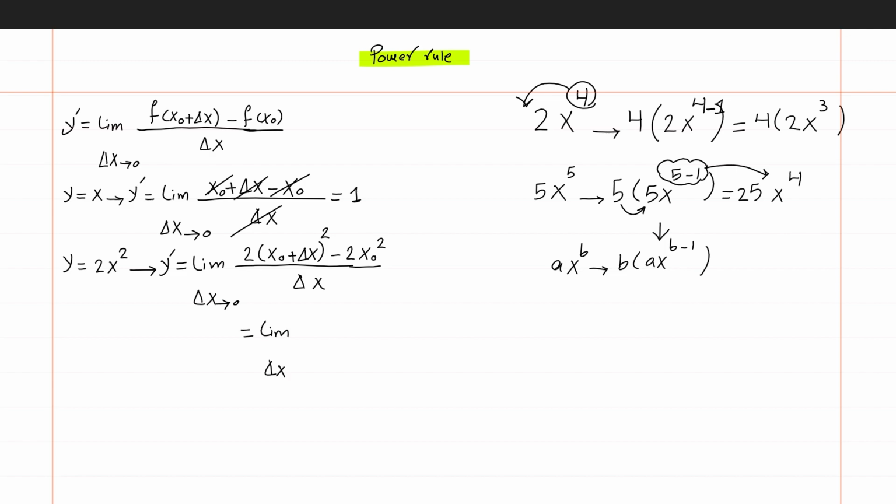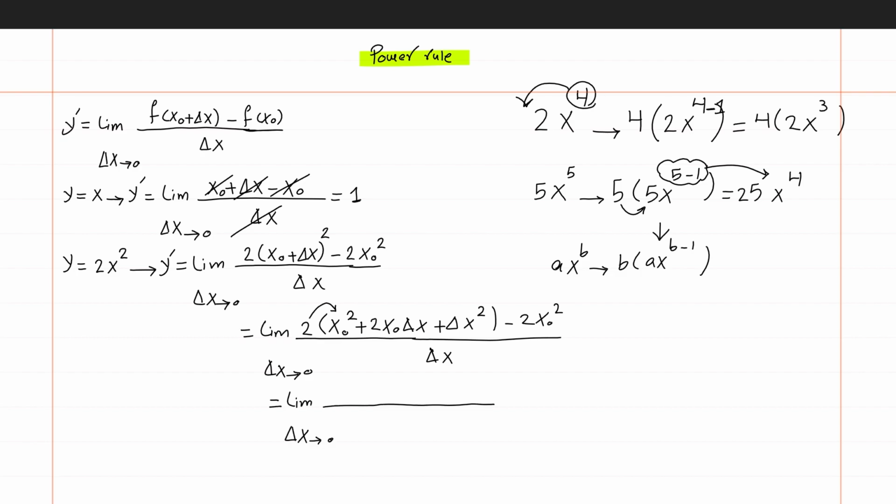This is equal to the limit as delta x approaches 0 of 2 times x naught to the power of 2 plus 2 times 2 x naught times delta x plus delta x to the power of 2, minus 2 times x naught to the power of 2, all over delta x. Again, we can simplify more. 2 times x naught to the power of 2 plus this expression will be 4 times x naught times delta x plus 2 times delta x squared, all over delta x.